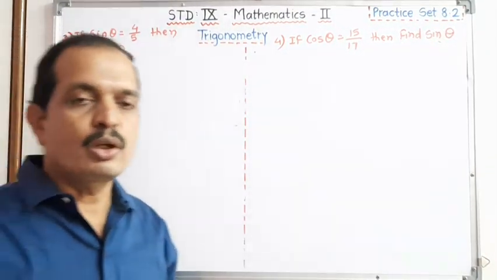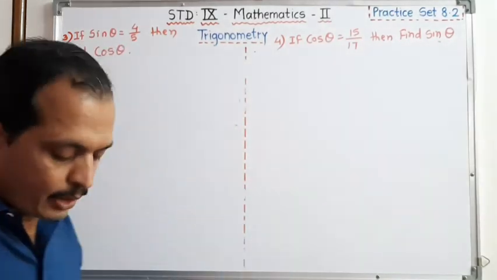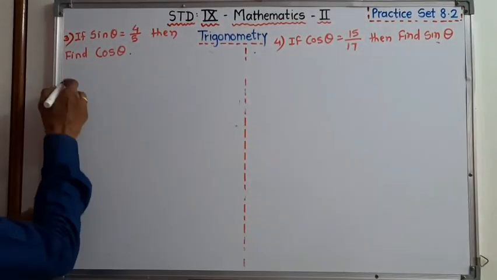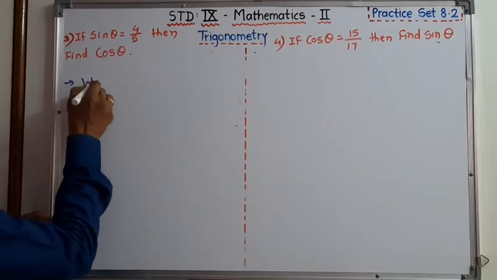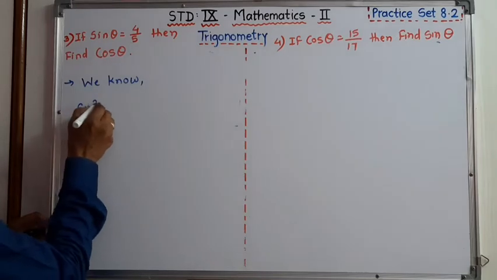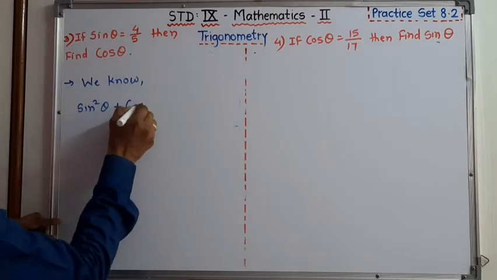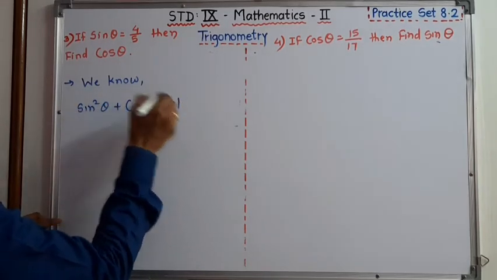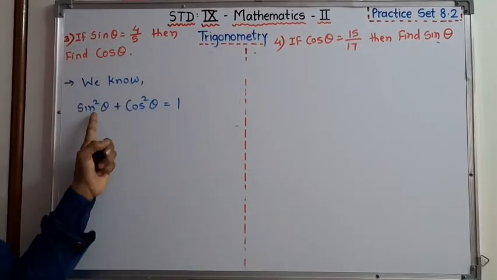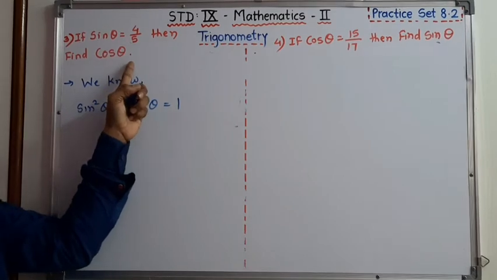This we have to solve by using the trigonometric identity, that is, dear student, sin square theta plus cos square theta is equal to 1. Sin theta value is given and we have to find out cos theta.